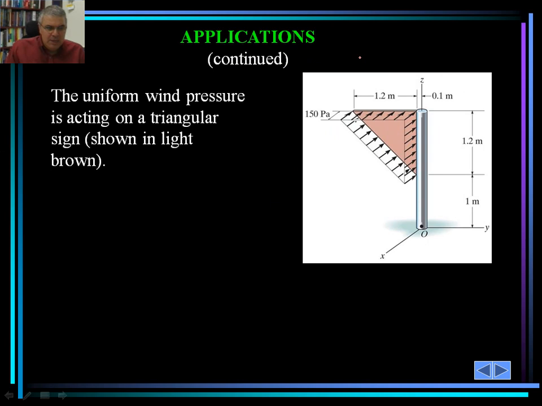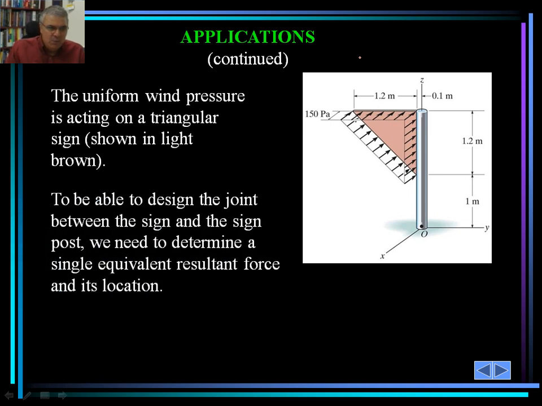Another application, again, which is pretty popular in Florida, is the uniform wind pressure that is acting on the building. In this case, there is a triangular sign shown in light brown, and you would like to calculate the wind pressure, making sure it can withstand a certain pressure associated with high velocity wind.